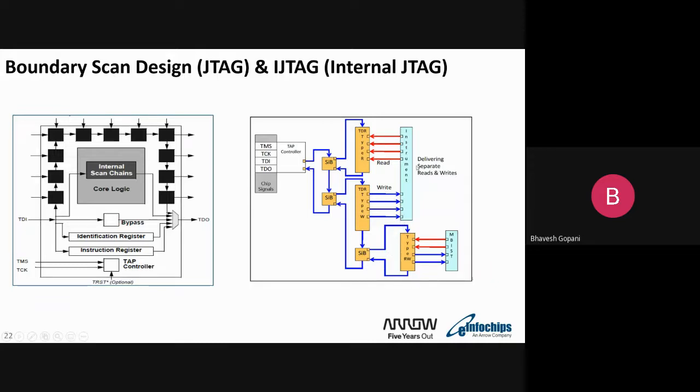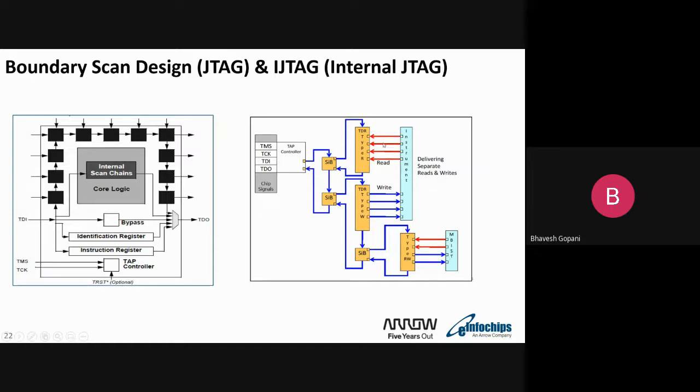So in order to integrate all of them on a chip, we need to have IJTAG. It has plug and play capability. Here you can see the instruments, and each instrument we can consider as an IP. There are n number of instruments, and memory BIST logic is also there for the memories.